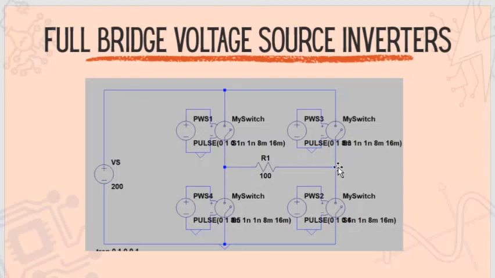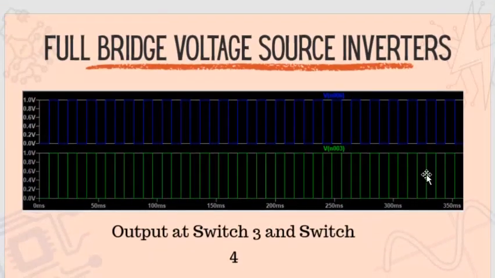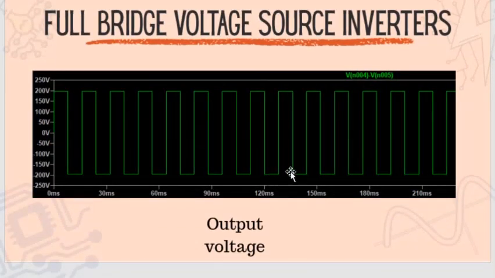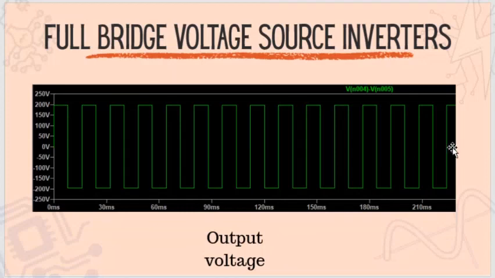We subtract the voltage at that node and this node, and you will get this waveform by simply applying the nodal theorem in our circuit. So we have here a square waveform, and it is an alternating current voltage because it alternates from the positive cycle to the negative half cycle.